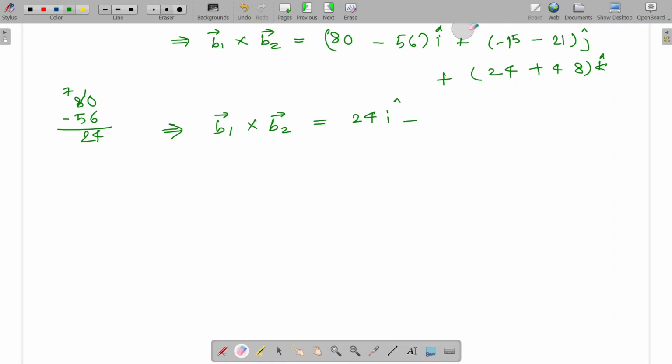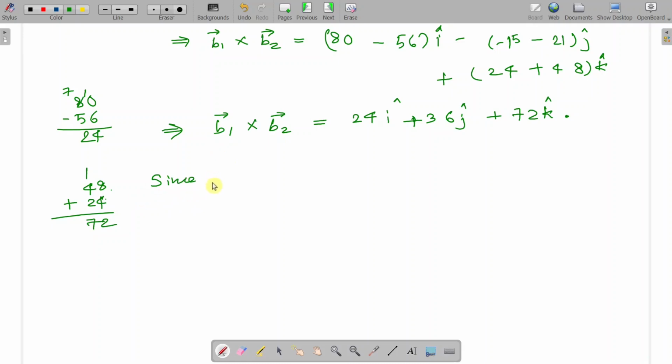Oh, here it is a minus in front, so it will be plus 36 j cap. Plus 24 plus 48 is 72, so plus 72 k cap, right. So now we have found B1 bar cross product B2 bar.